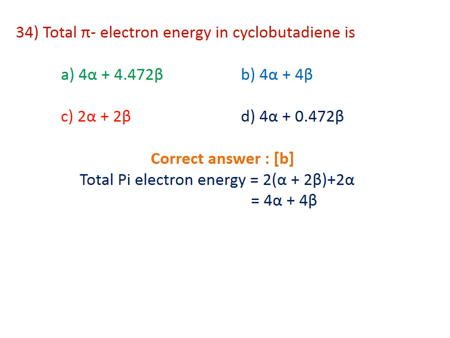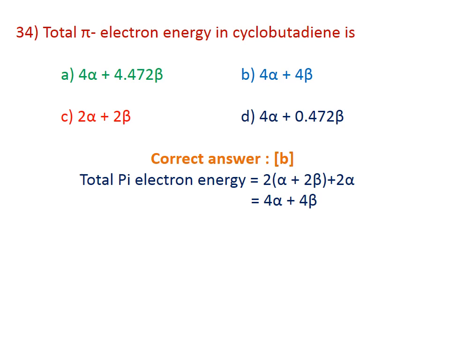34. The total pi electron energy in cyclobutadiene. The answer is B. The total pi electron energy will be equal to 2 into (alpha plus 2 beta) plus 2 alpha. The energy levels are: the lowest energy level is alpha plus 2 beta, and the next higher energy level is 2 alpha.